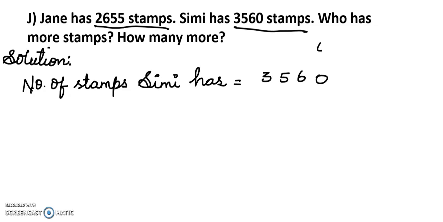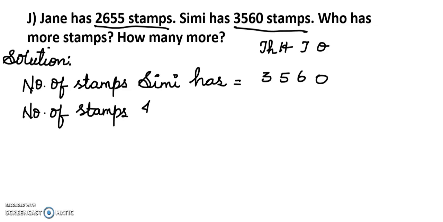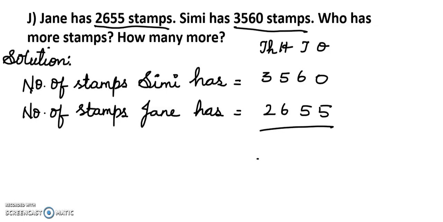Write the place values: ones, tens, hundreds, next thousands. Then number of stamps Jan has. How many stamps does Jan have? 2655. So how many more, they are asking. So what are we going to do? We are going to subtract.